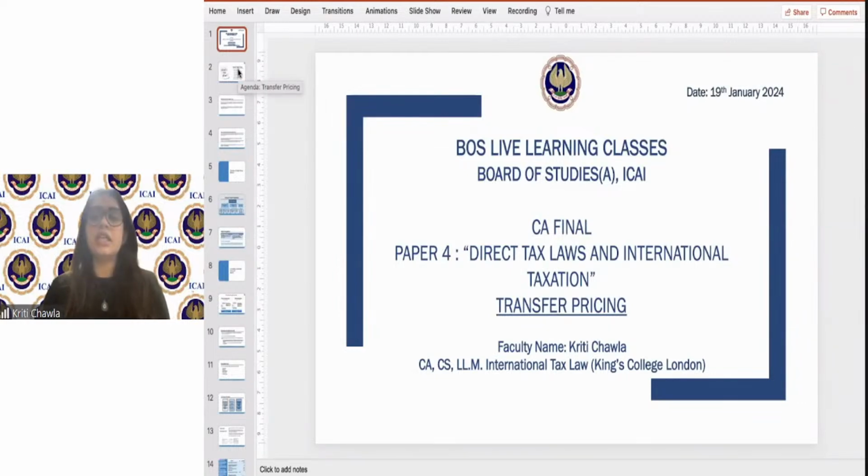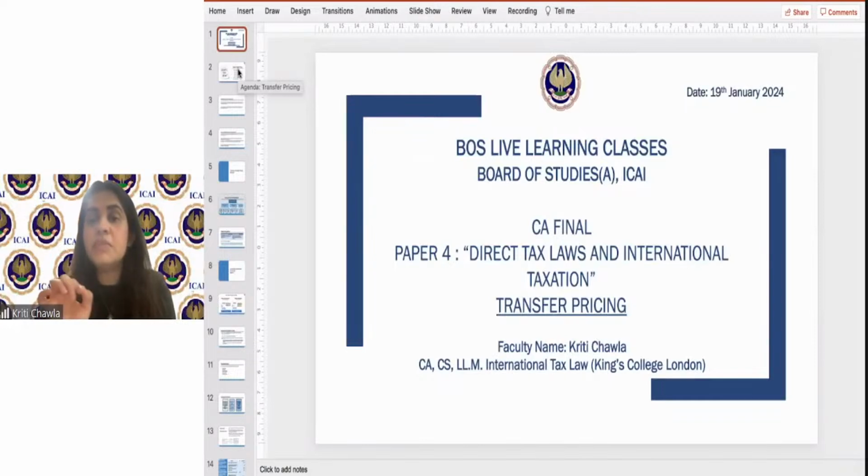So as a recapitulation of what we did in the last lecture, we started with the need for transfer pricing. What exactly is the concept relating to transfer pricing? There were a lot of tax avoidance strategies, as we discussed. If you remember, we were discussing a case study in which profits were moving from a high tax jurisdiction to a low tax jurisdiction by multinational enterprises.